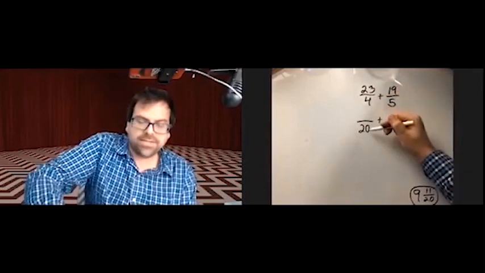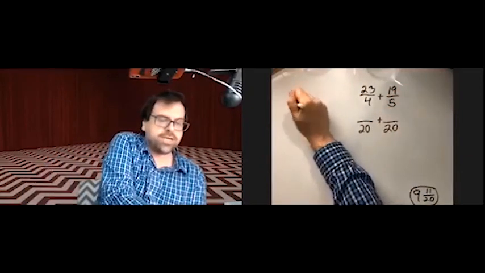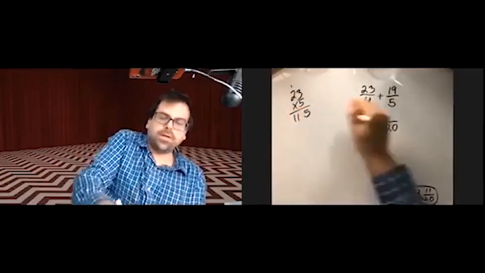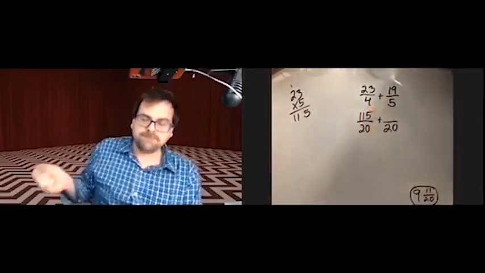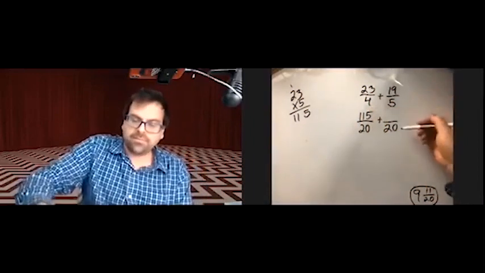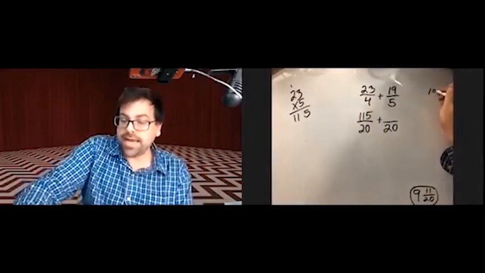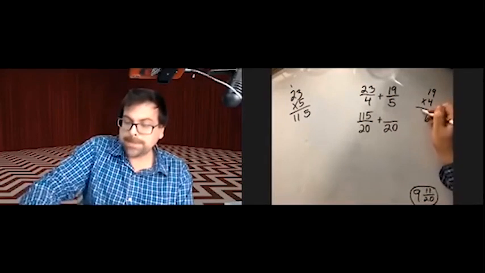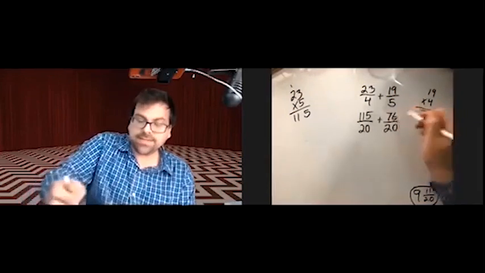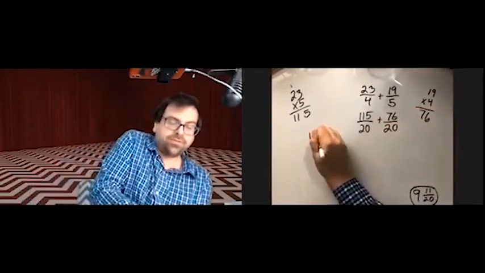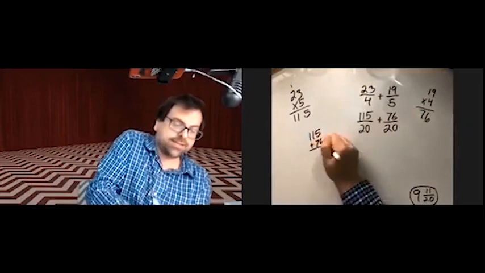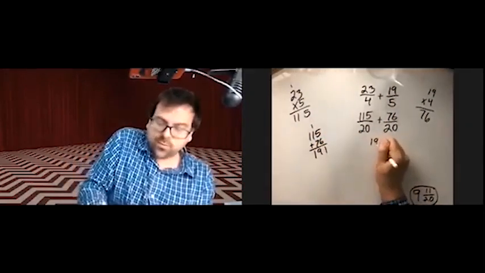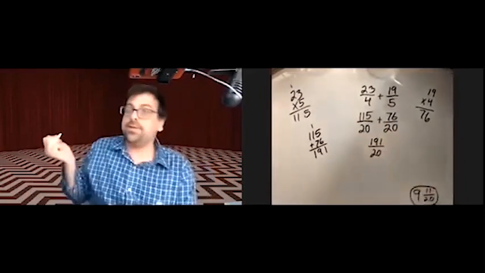4 times 5 to get to 20, so we need 23 times 5. That's 115. 5 times 4 to get to 20, so we need 19 times 4. That's 76. Add, we need 115 plus 76. That's 191 20ths.